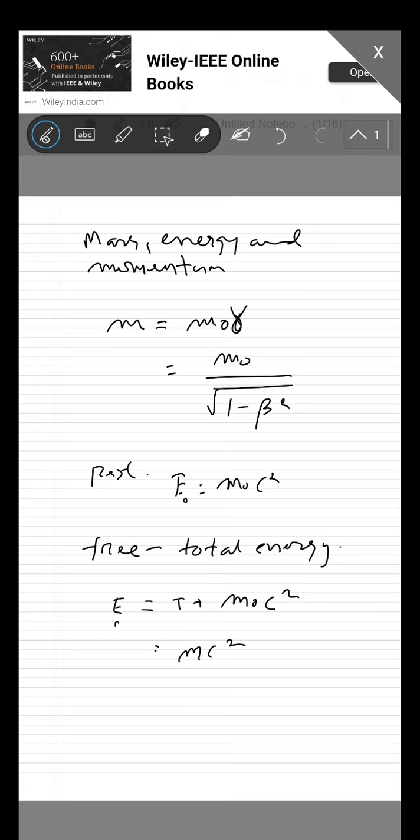It's no longer E0, it's E here, and T is the kinetic energy. Also, if we consider the momentum, then we know that p is equal to mv, so obviously now p is equal to m v, where m is, as we have said, m0 gamma, and v we can write as beta into c.